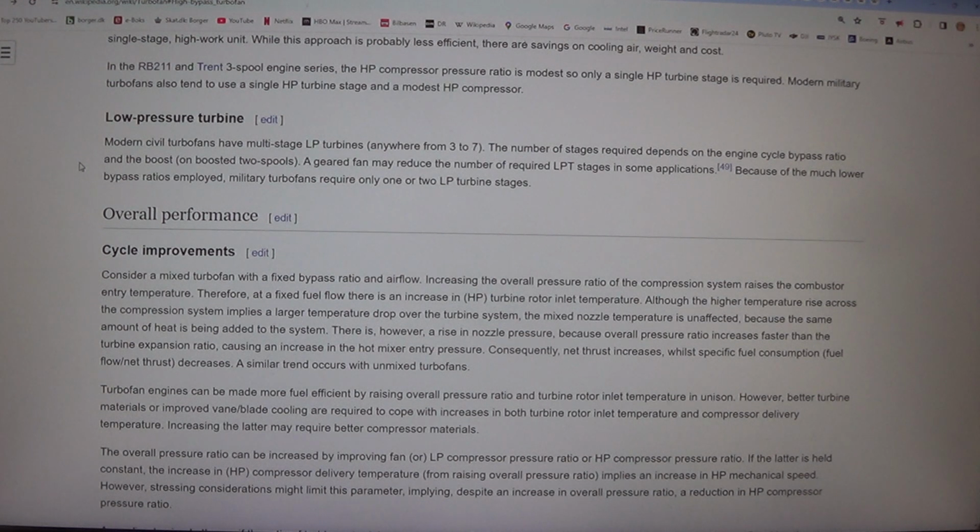The number of stages required depends on the engine cycle bypass ratio and the boost, on boosted two spools. A geared fan may reduce the number of required LPT stages in some applications. Because of the much lower bypass ratios employed, military turbofans require only 1 or 2 LP turbine stages.